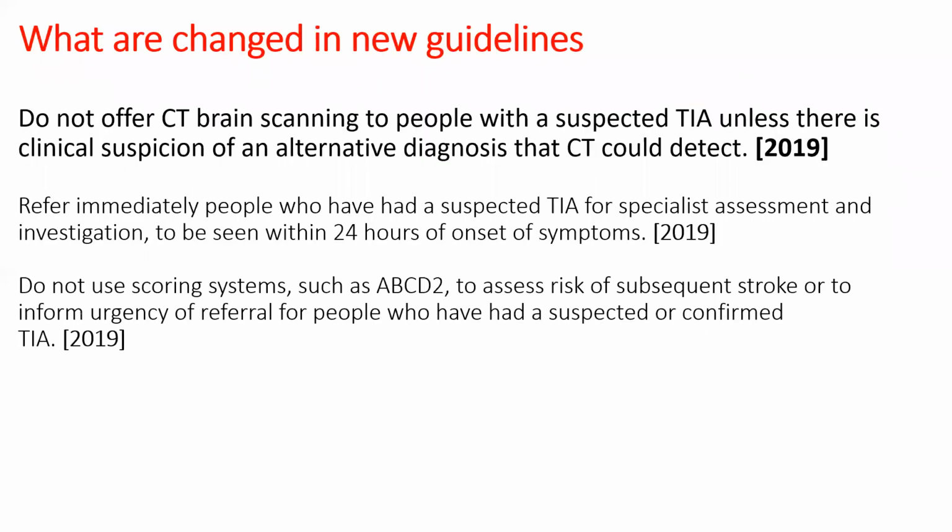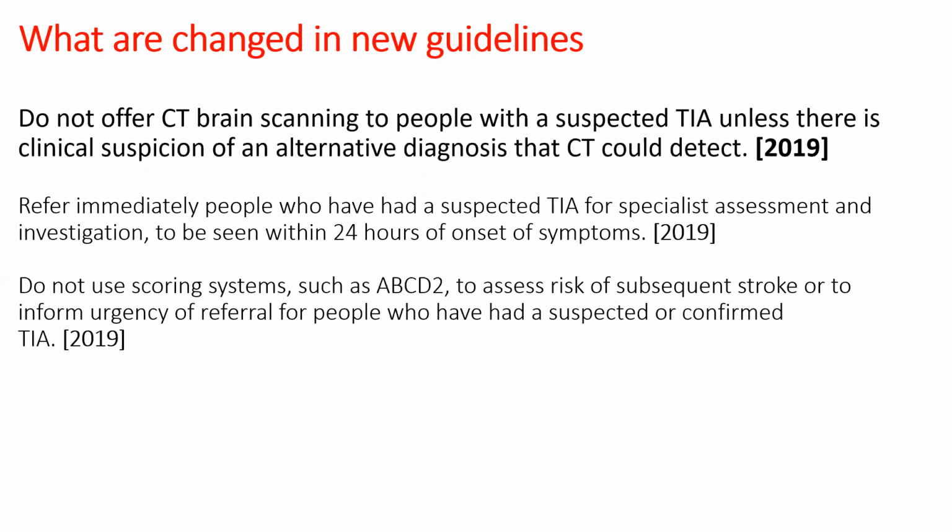So what are the changes in the new guidelines? First of all, don't offer CT scanning to people with suspected TIA unless there is a clinical suspicion of an alternative diagnosis that CT could detect. Second, refer immediately people who have had a suspected TIA for specialist assessment and investigation, to be seen within 24 hours of onset of symptoms, and these patients should be evaluated by brain MRI with diffusion weighting.